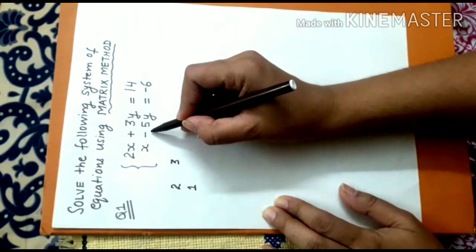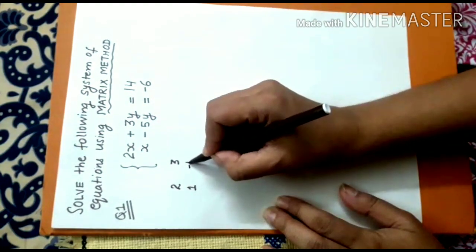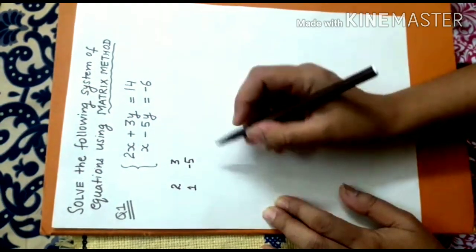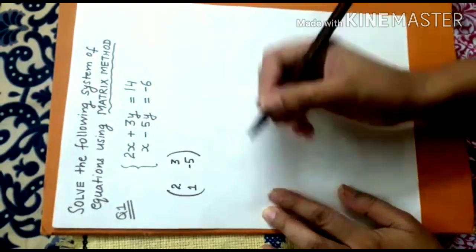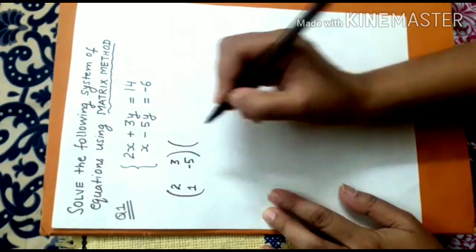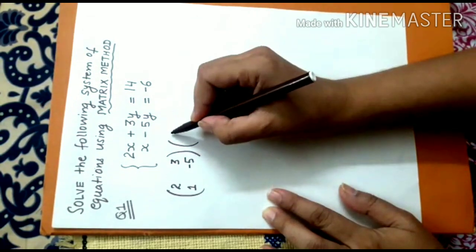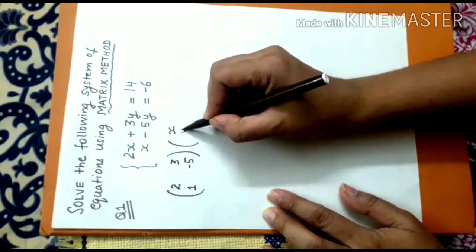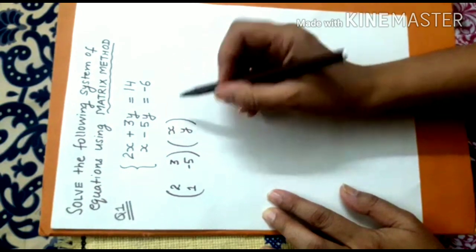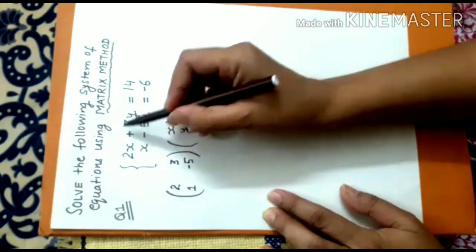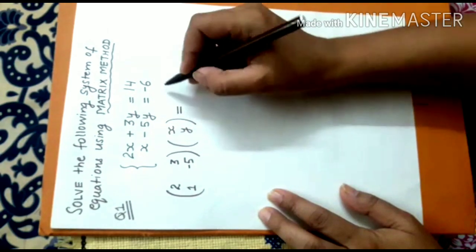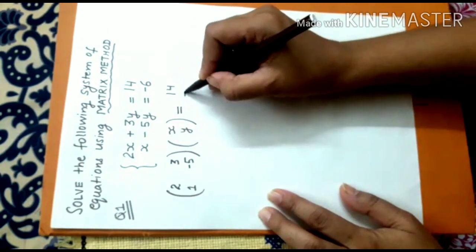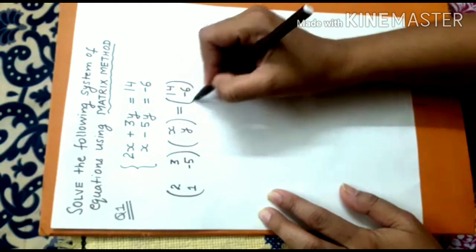The coefficient of y is negative 5, so I write it below 3. So I form a matrix. This matrix is multiplied with the matrix containing the elements x and y, the variables in the equation. This equals the matrix 14, minus 6.